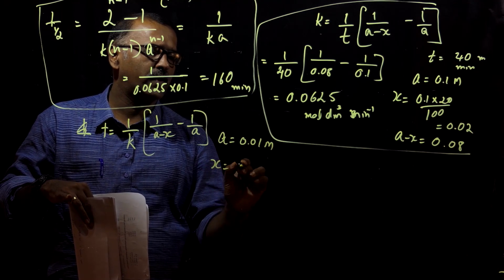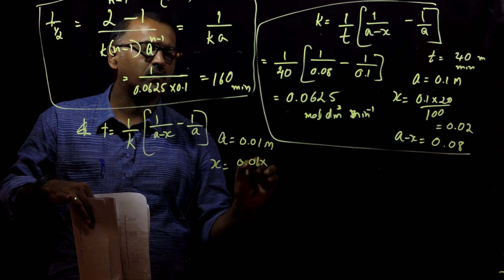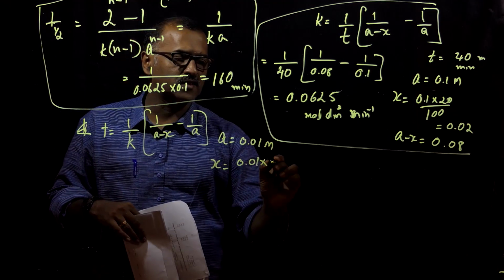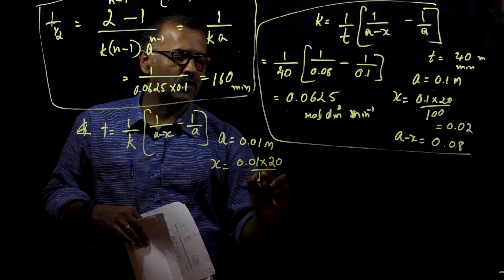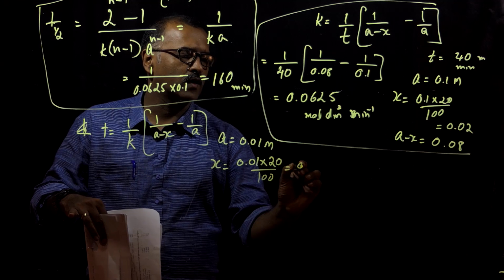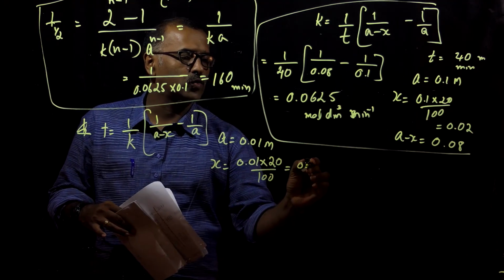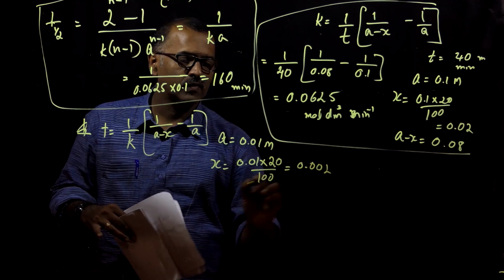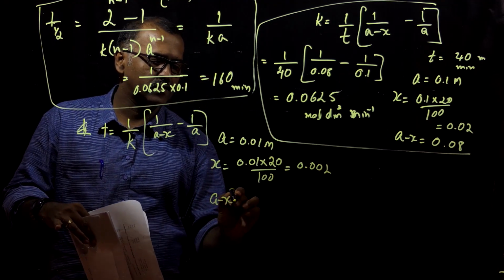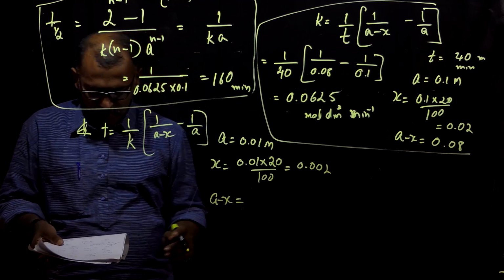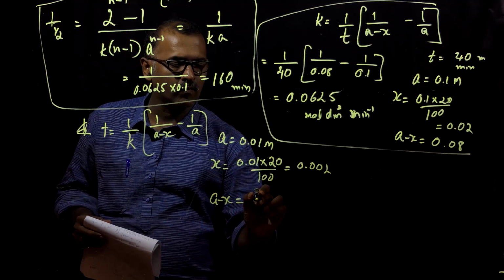So that x will be equal to, again, it is 20% complete, so it will be 20 by 100 of 0.01, which will be 0.002. Then a minus x will be equal to 0.008.